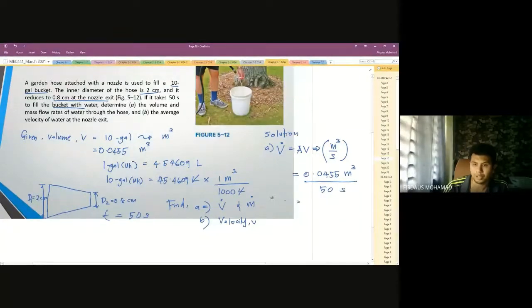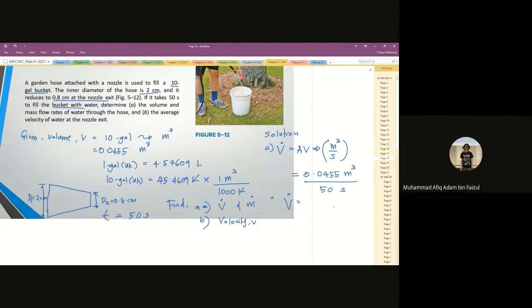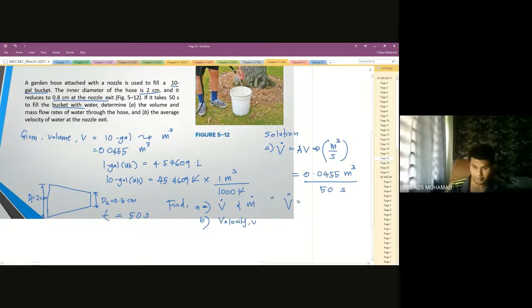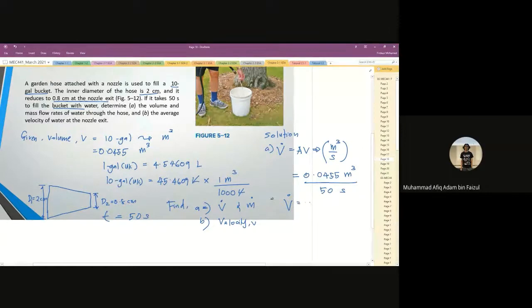So V dot is 0.0455 divided by 50 cubic meters per second, which gives 9.1 times 10 to the power of -4.